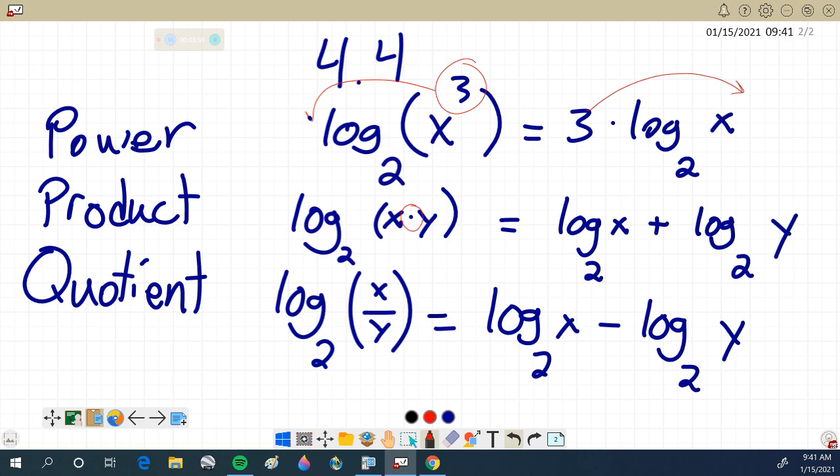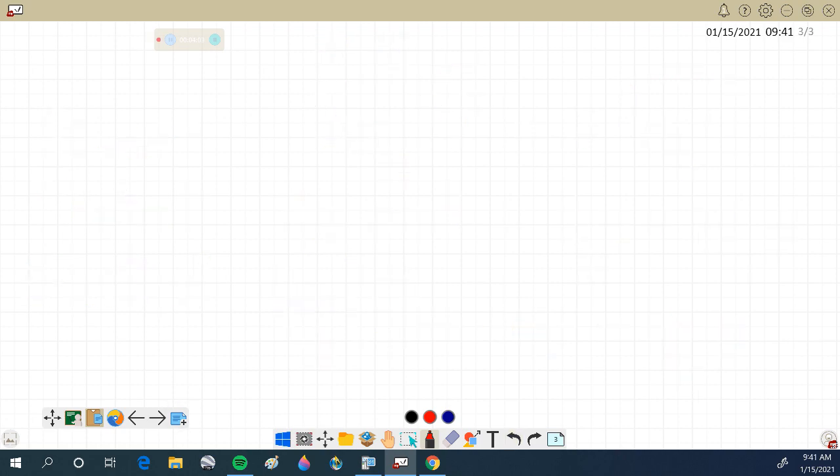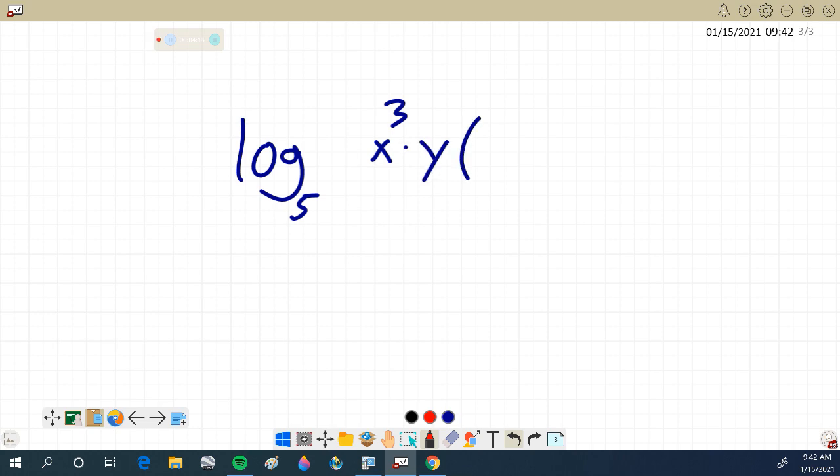All right. So, how do we use these rules? Well, let's say I had log base 5 of x to the third times y times x plus 1. Well, what do we have here?